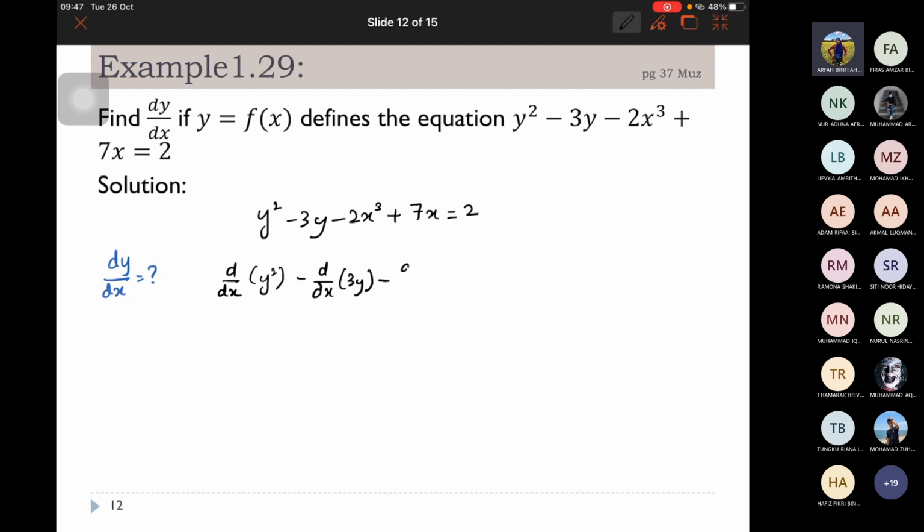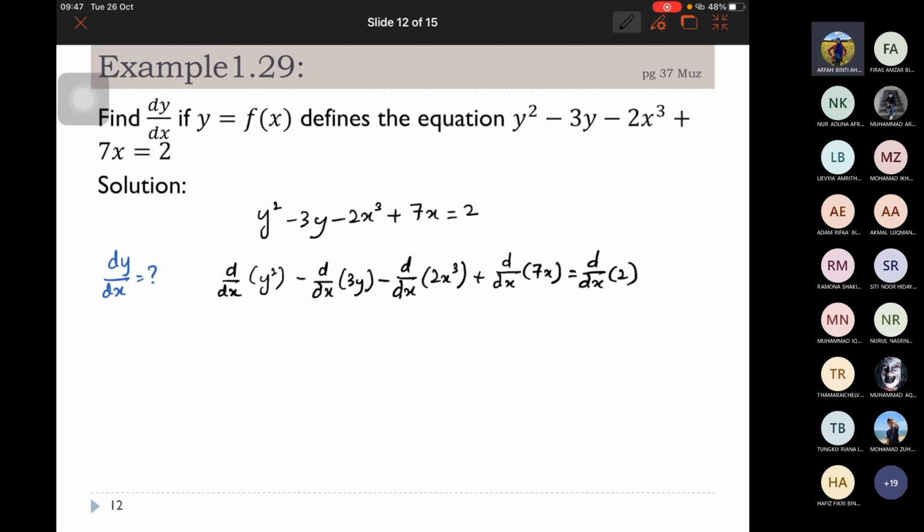Kita bezakan juga terhadap 2x cube tambah dengan 7x sama dengan, bezakan setiap term tu terhadap x.